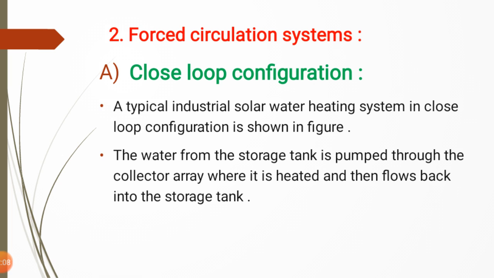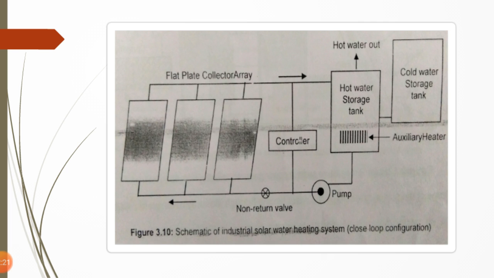That means the closed loop configuration system generally consists of two parts: the array of flat plate collectors, and second, the storage tank. Here the storage tank is single, and it is used for the storage of hot water as well as cold water, and in that system the cold water is replaced by the hot water by the convection process.